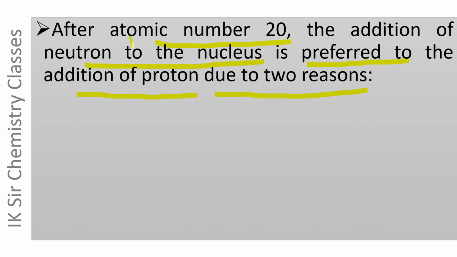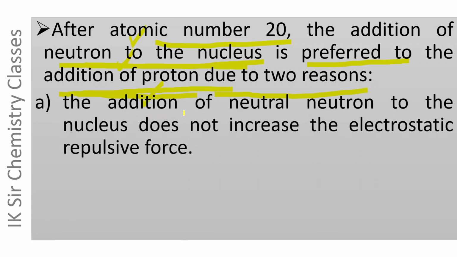But after atomic number 20, the addition of neutron to the nucleus is preferred to the addition of proton. The first reason is that the addition of a neutral neutron to the nucleus does not increase the electrostatic repulsive force.